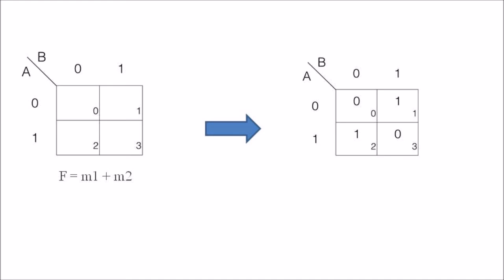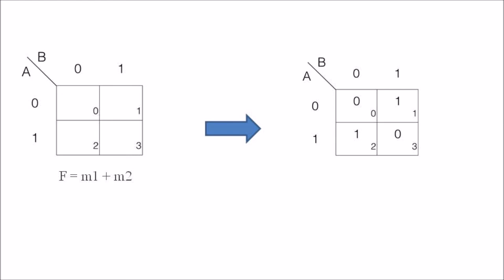Now draw an empty KMAP having 4 cells. Since we are using two variables, 2 raised to 2 is equal to 4 cells. As shown in this figure, now fill the cells marked with the subscripts 1 and 2 with the binary digit 1, and fill the rest of the cells with zeros.